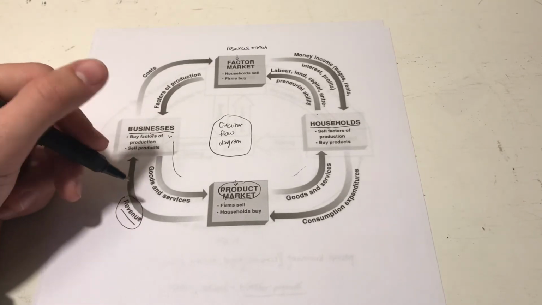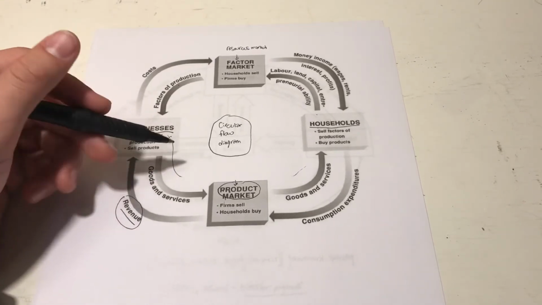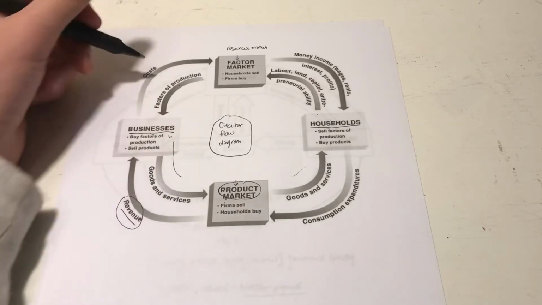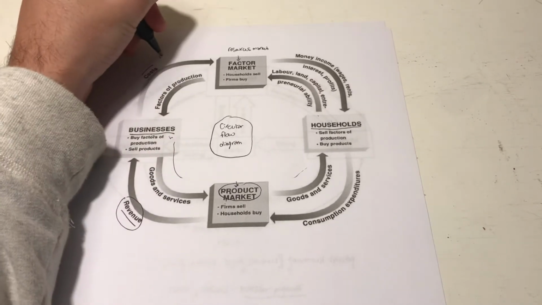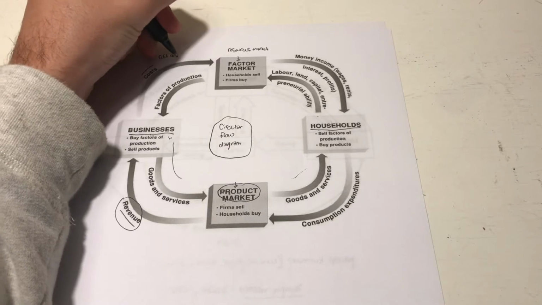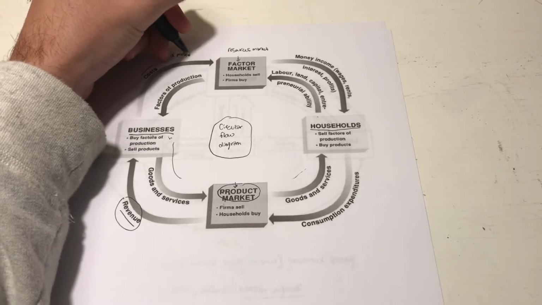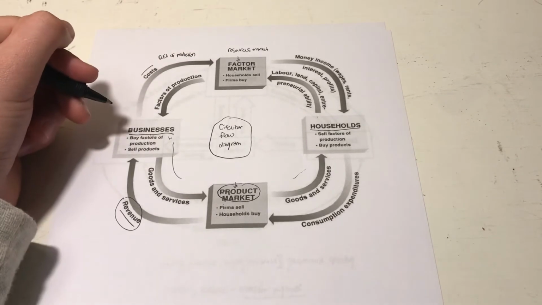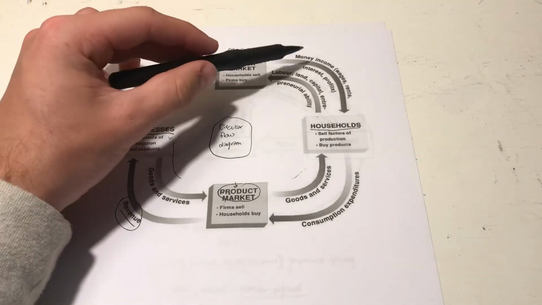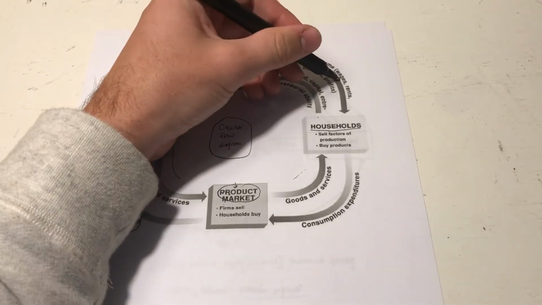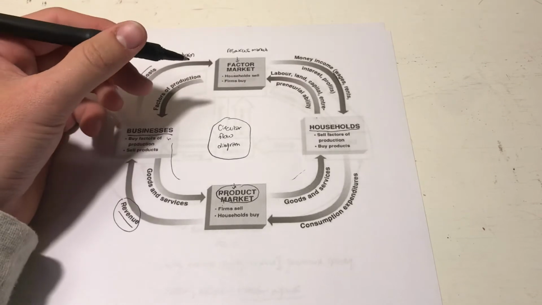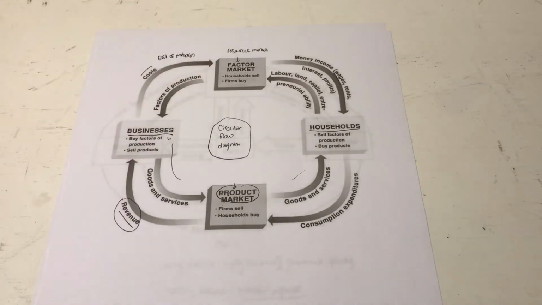And they don't keep all the money, though. They use it to buy resources, which is called cost, or cost of production. And then it's paid to workers, which then becomes their wages or their income. So that's the role of money.